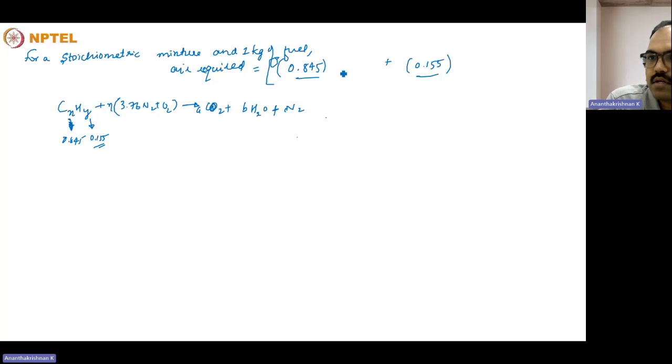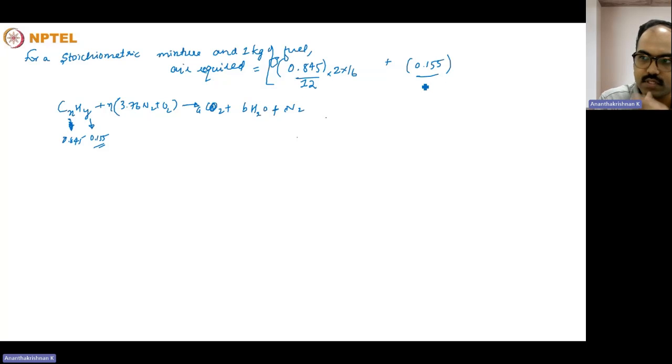So basically, 0.845 divided by 12, into the molecular mass of oxygen, 2 times 16, gives the contribution from the carbon dioxide.